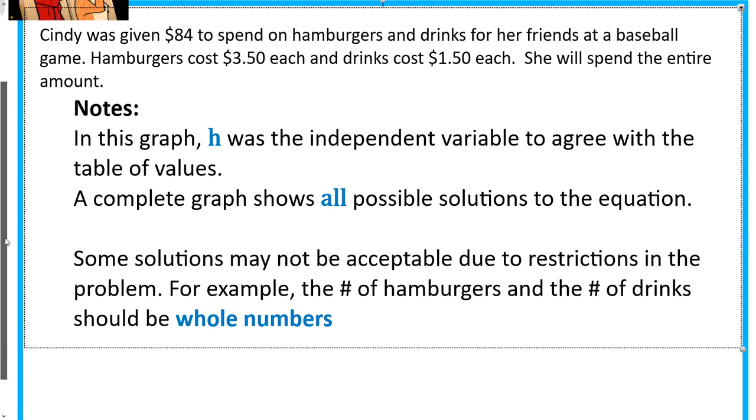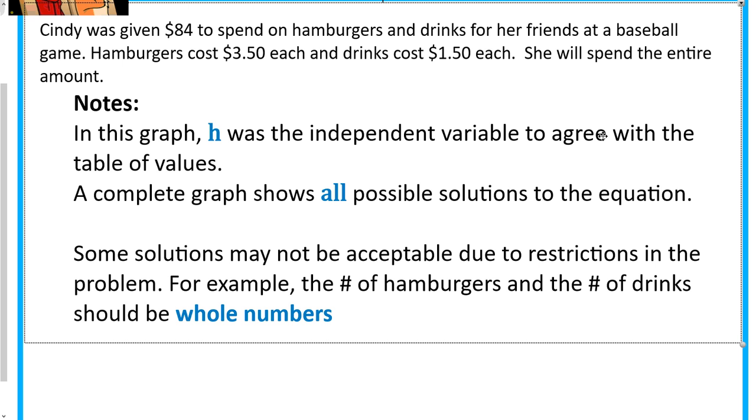A couple notes. In this graph, H was the independent variable to agree with the table of values, but it didn't really have to be independent. We could have had drinks in the independent column. I just chose hamburgers randomly. A complete graph shows all possible solutions to the equation. So we only have a bunch of points that we included, but there are other possibilities.